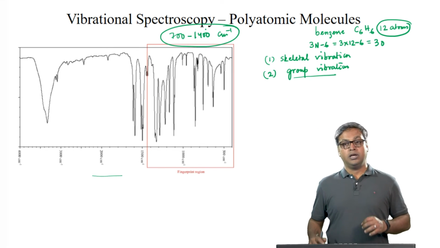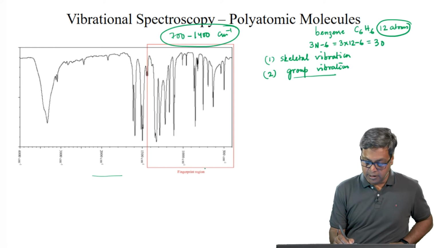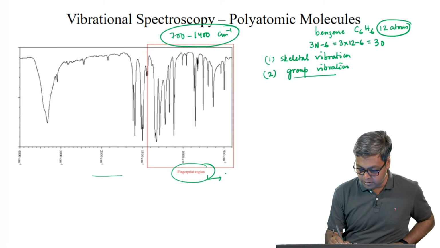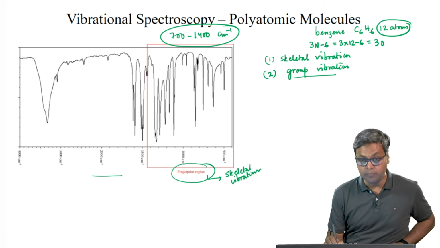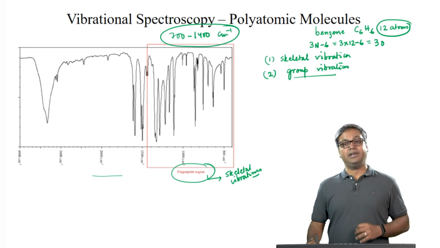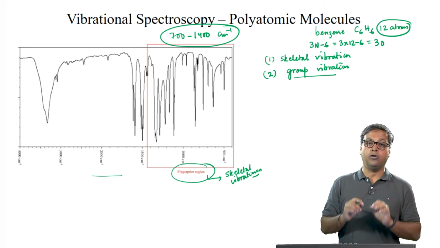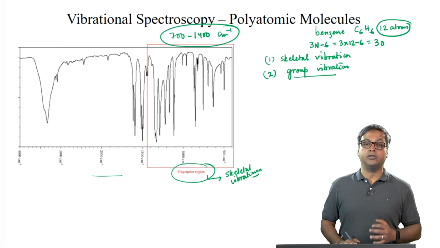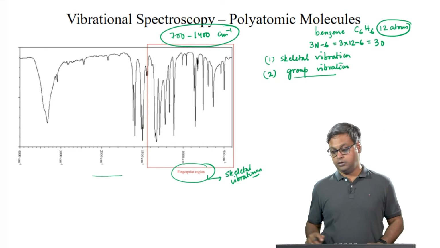This region is also known as the fingerprint region. So, the fingerprint region is a region which shows the skeletal vibrations. It is called the fingerprint region, as the identity of the molecule can be recognized merely by the appearance of the spectral region.